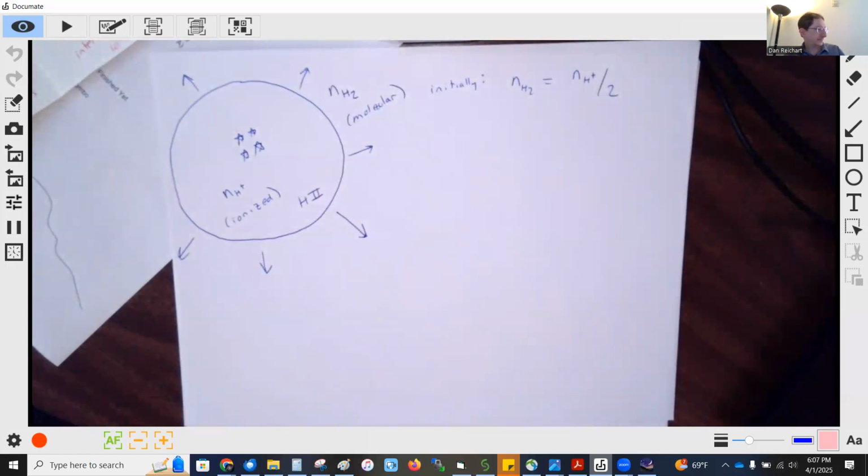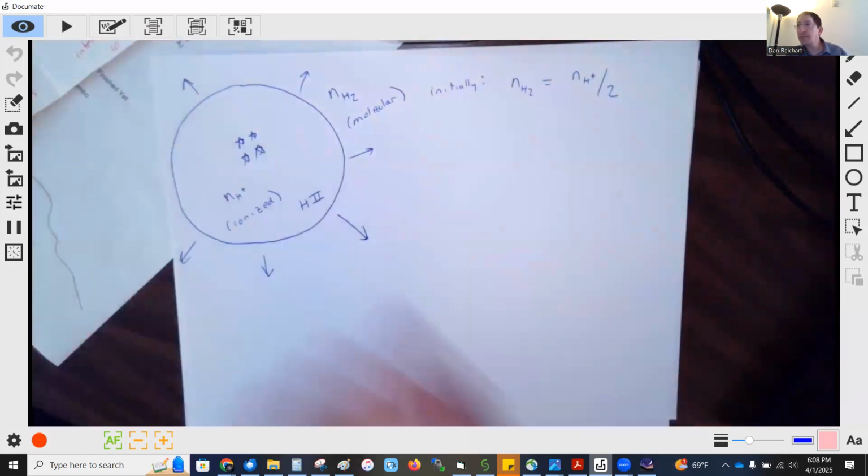Okay. So it expands, and it expands until pressure equilibrium is established. How long does this take? It takes about 1% of the driving stars' lifetime to create the H II region and for it to expand into pressure equilibrium with the outside gas.